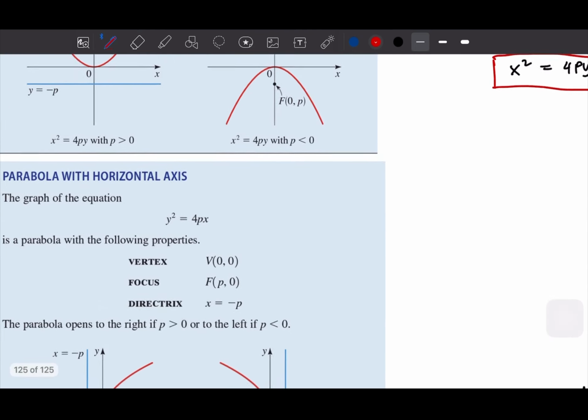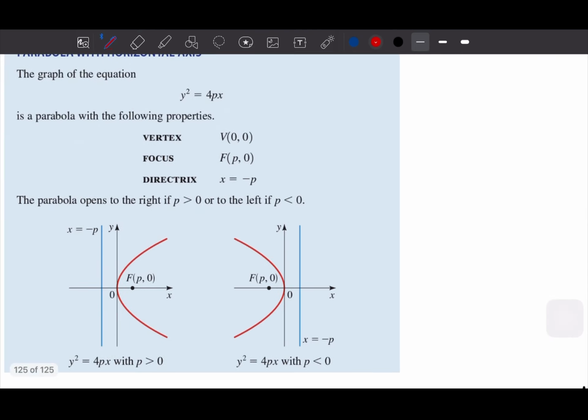And then, of course, aside from the x squared form, we have the left and right opening case. We just define the equation as y squared equals 4px. It's the same thing as the previous one, where this distance should be equal to this distance.